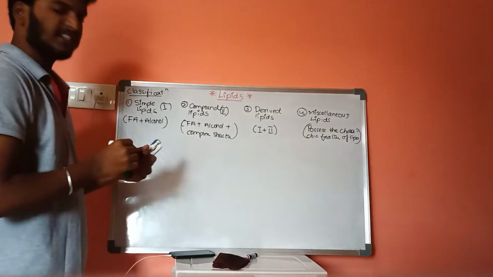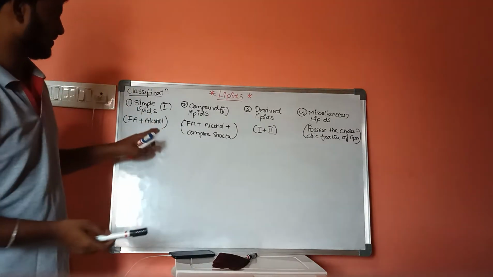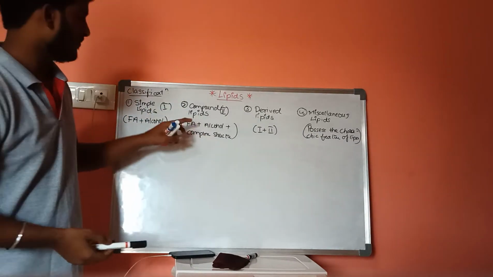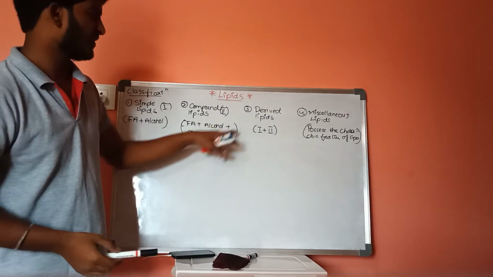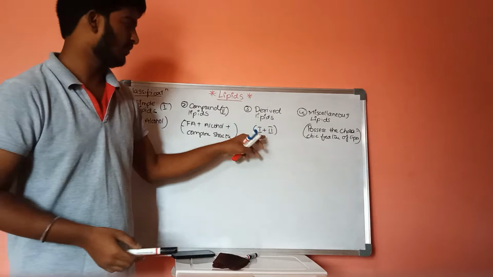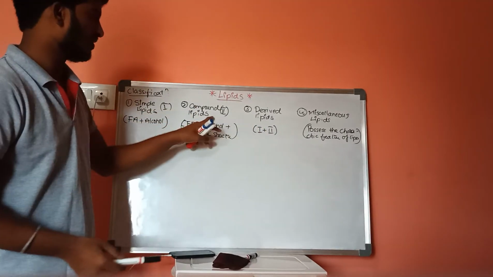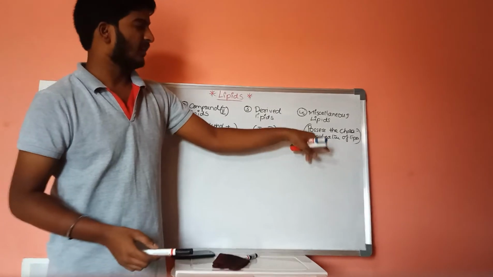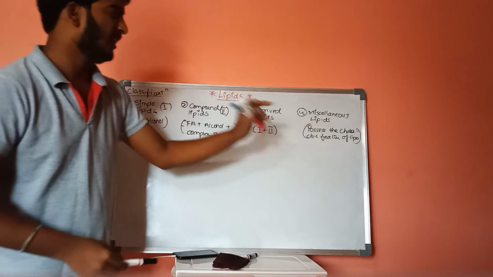To recap: simple lipids consist of fatty acids plus alcohol. Compound lipids consist of fatty acids plus alcohol plus complexing structures. Derived lipids consist of group 1, that is simple lipids, and group 2, that is complex lipids. And miscellaneous lipids possess the characteristic features of lipids.